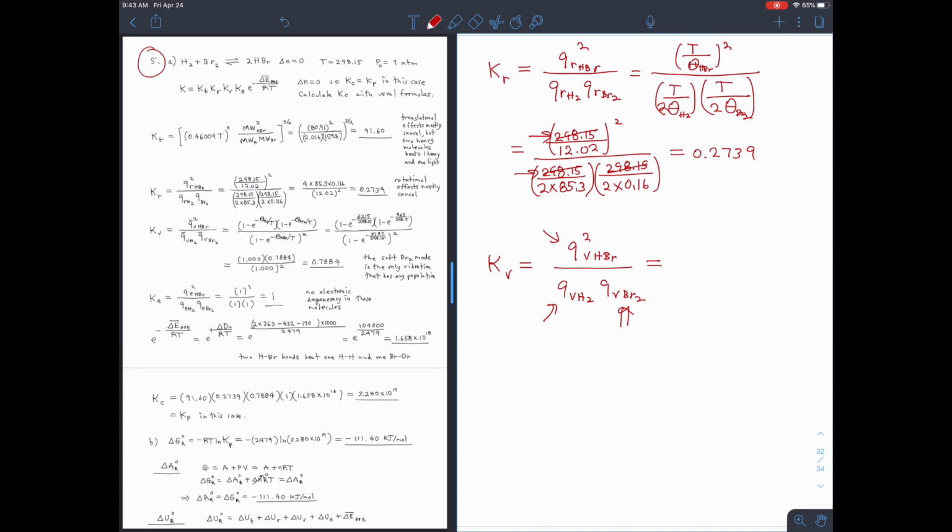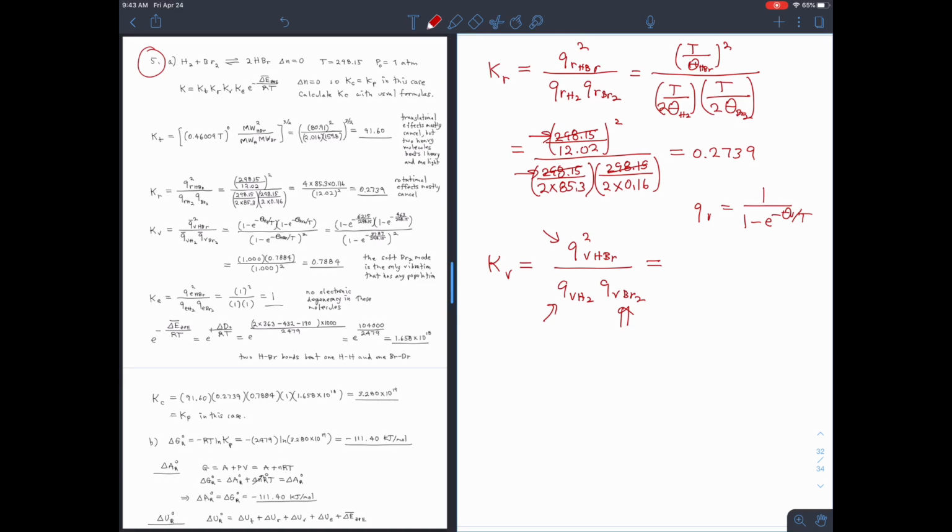All right, so plugging in, I'm going to need more space, so I'm going to go down to the next line. Sorry, that's wrong. I'm defaulting to energy calculations here. So the Q vibrational partition function is 1 over 1 minus e to the minus theta vibrational over T, always.